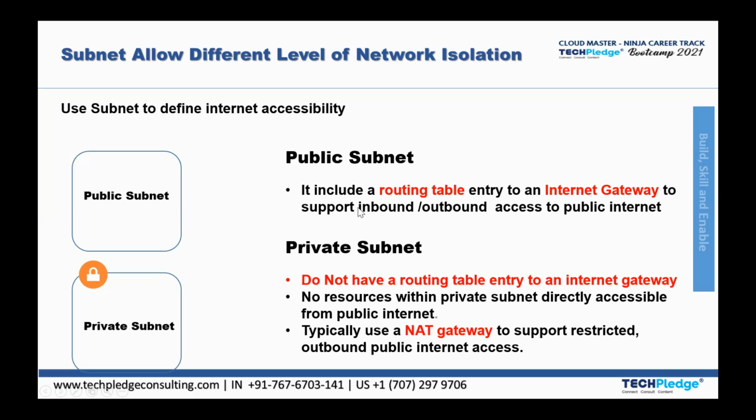That means it supports inbound access to the public internet. The second thing, the private one. Now in the private one, we have the fifth point that AWS reserves. It has the NAT gateway, network address translation.